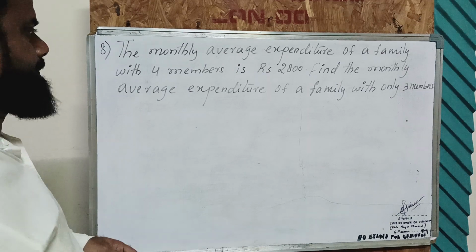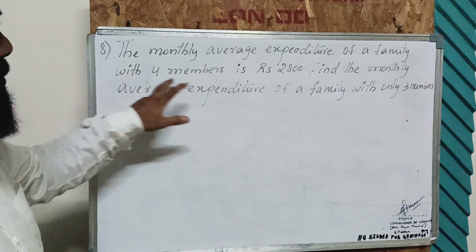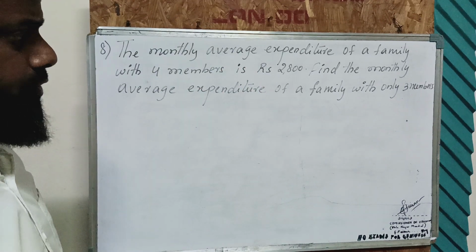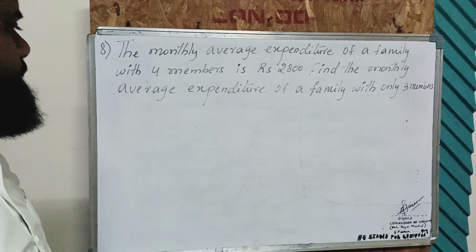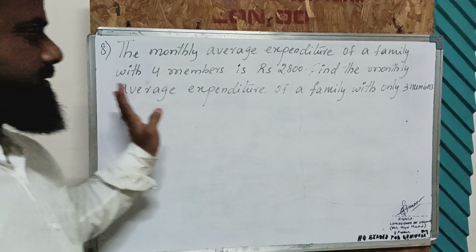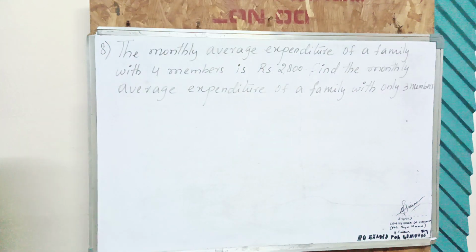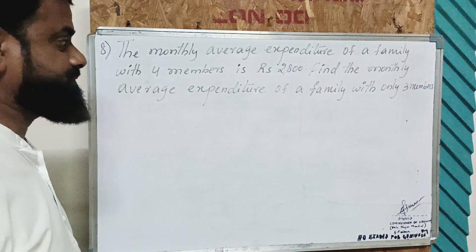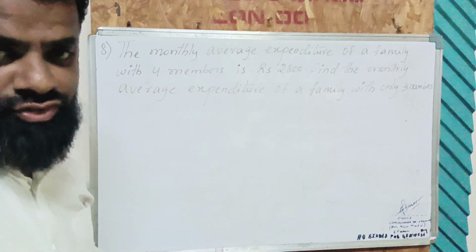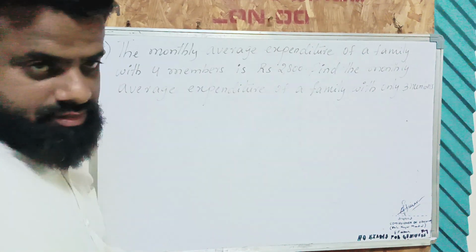Now this one: the monthly average expenditure of a family with 4 members is rupees 2,800. Find the monthly average expenditure of a family with only 3 members. The same question you can apply during your vacation, for going on a picnic.